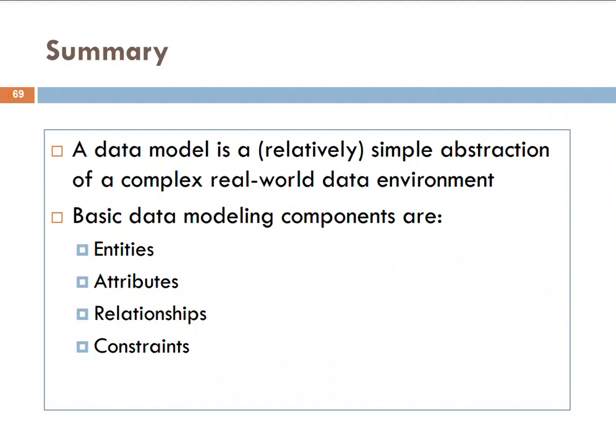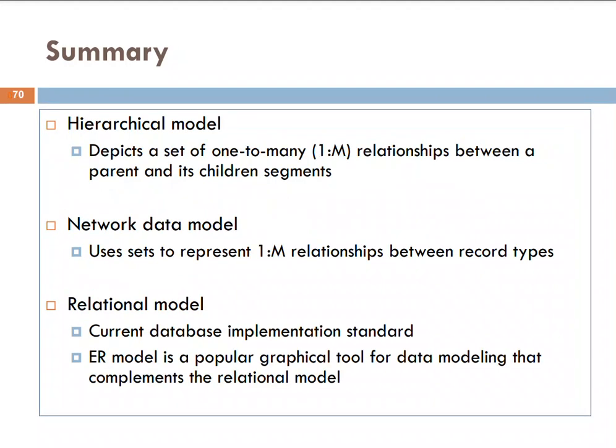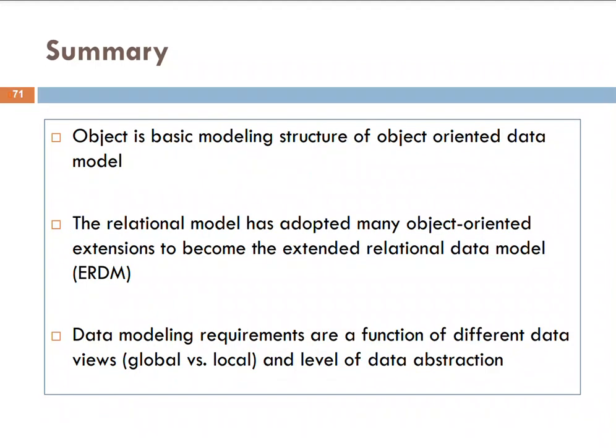Jadi kita perlukan data model untuk kita represent tentang data ni dalam bentuk yang simple. So you can see here hierarchical model, dia one to many, network model pun one to many, and you can see about relational model yang ni just summary, you can go on yourself. Okay, so I think that's all for today.